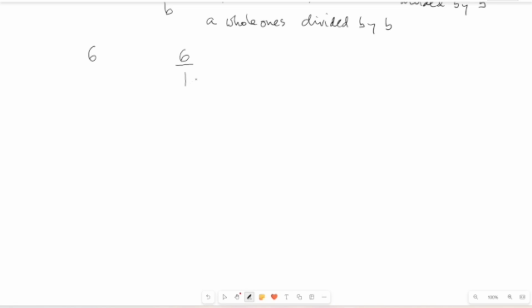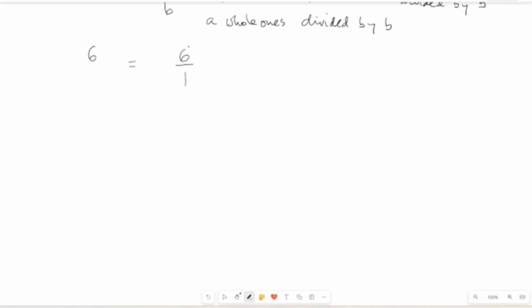In other words, it hasn't been cut at all. Hasn't been cut into 2 or 3, it's just been left as 1. And it's true to say that 6 is equal to 6 divided by 1.